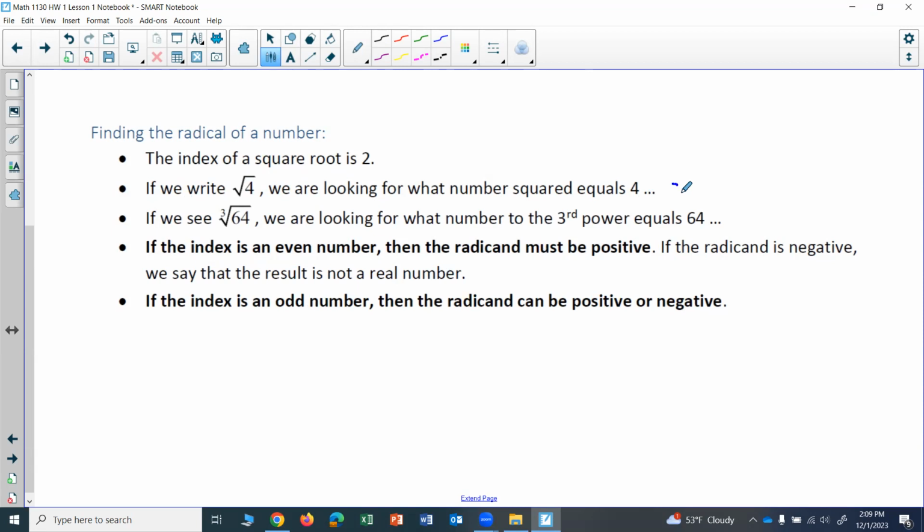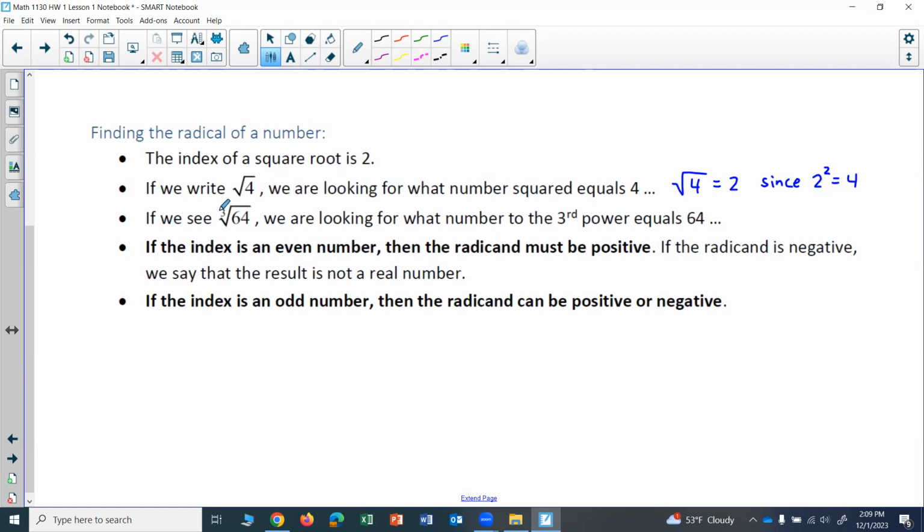So the square root of 4 equals 2, since 2 squared is equal to 4. So whatever is out here as the index is going to be the exponent if you converted to the exponential form.